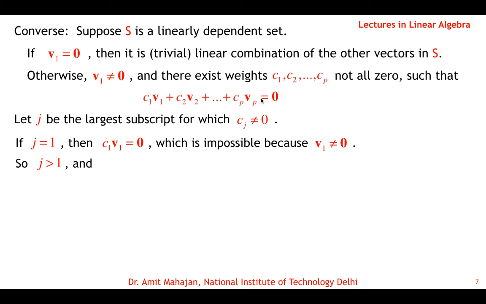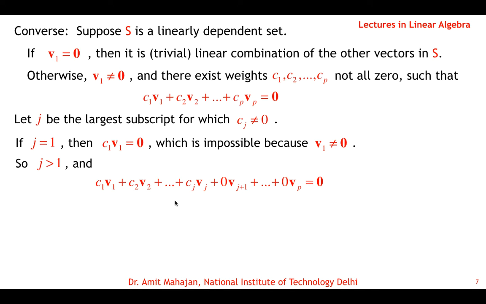If j is strictly greater than 1, we can rewrite the left hand side as c1 v1 plus c2 v2 plus so on cj vj, plus the weights after this, which are all 0 because cj is the non-zero weight with the largest subscript j. After this all weights are 0, and 0 times each vector is 0.